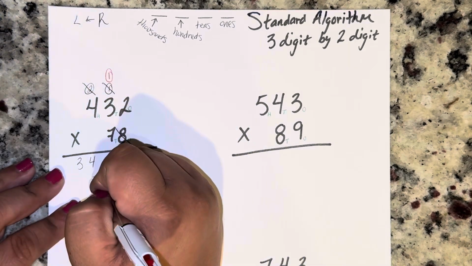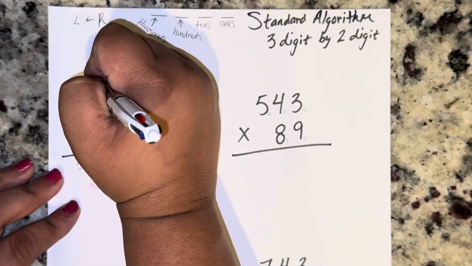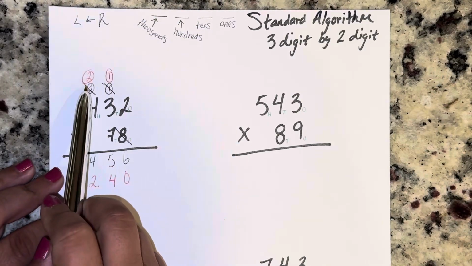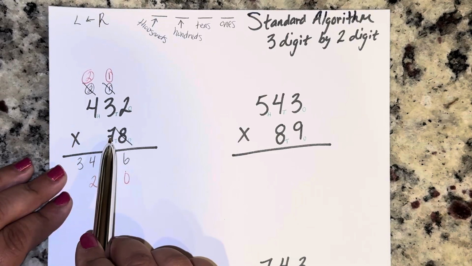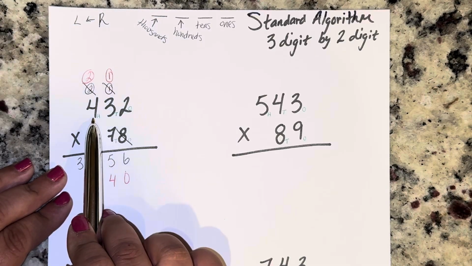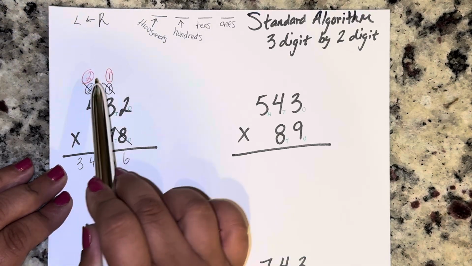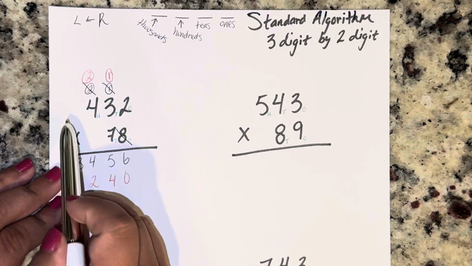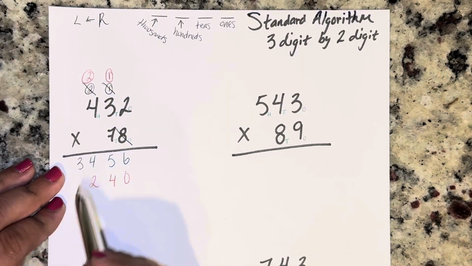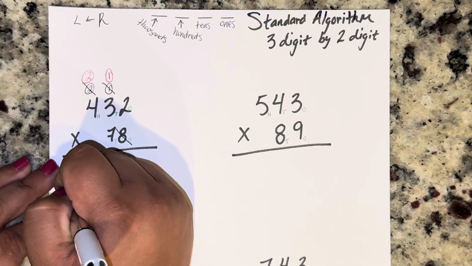I'm going to bring my 2 down and I'm going to regroup my 2. I will circle it to indicate that I need to add it once I get to that point. Now I do 7 times 4 is 28 plus 2 is 30. So I don't have anything further to multiply here, so I can just bring my 30 down.